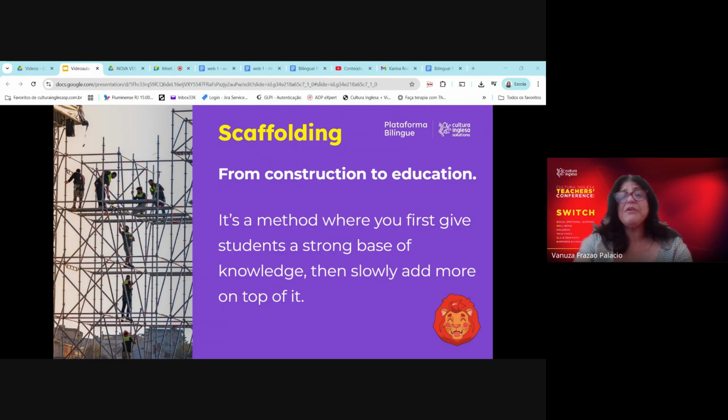So scaffolding is a method where you first give students a strong base of knowledge and then slowly add more on top of it. So you, as a teacher, gradually help students build their language up until a moment where students are not going to need you anymore and are going to be totally independent.